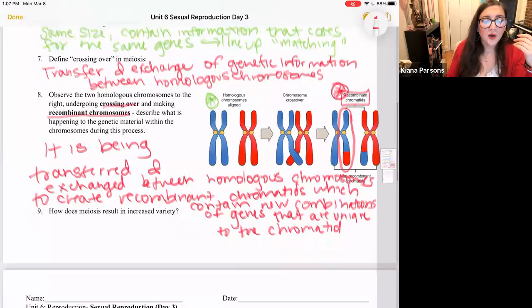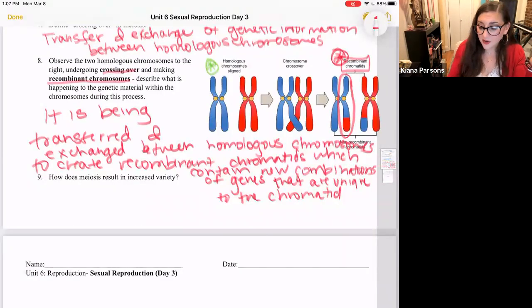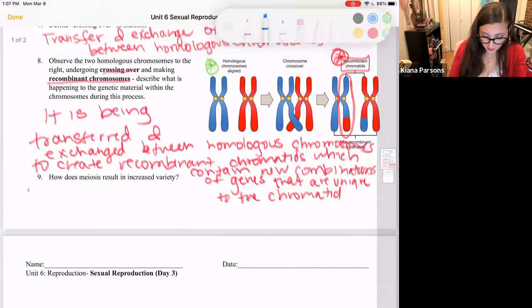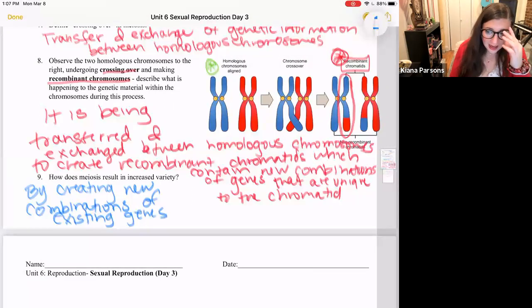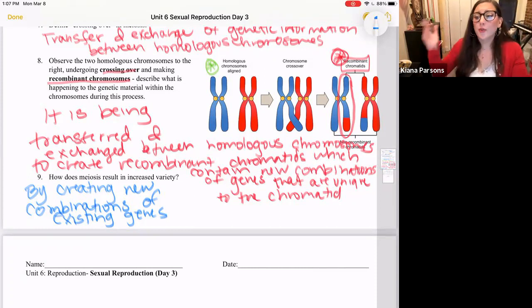Which is just pretty neat. So how does meiosis result in increased variety? By creating new combinations of existing genes. And this is what's really cool, right? Because in mitosis and asexual reproduction and sexual reproduction, we already have a process that can create new genes, right?